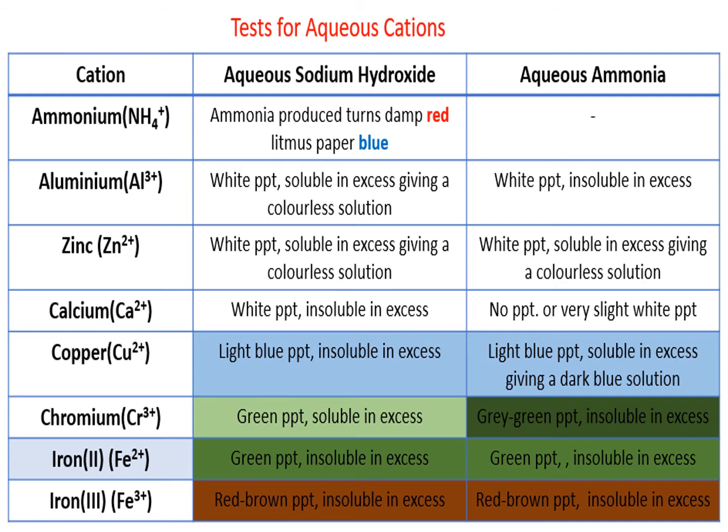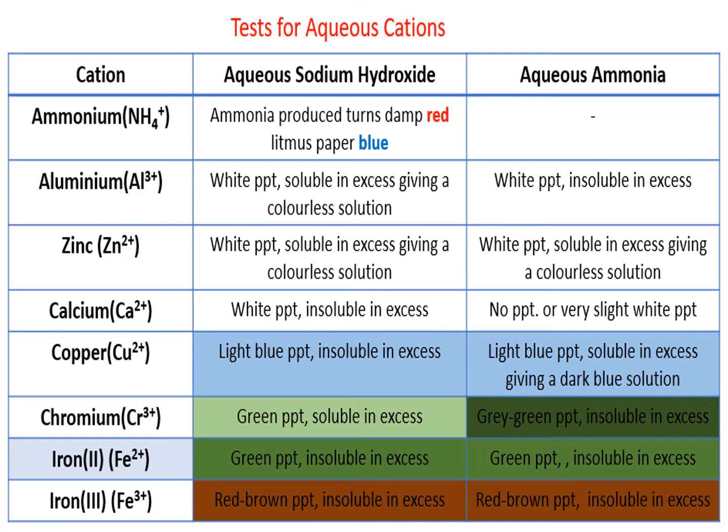Copper ions give light blue precipitates, insoluble in excess. And with a few drops of aqueous ammonia, light blue precipitates are formed which are soluble in excess, giving a dark blue solution.